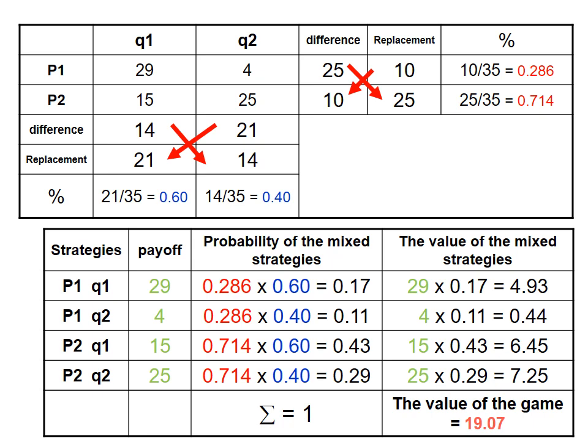The strategy B2 Q2 payoff of them, 25, times the probability of them, 0.29, equals 7.25. The summation of the value of the mixed strategy equals 19.07.